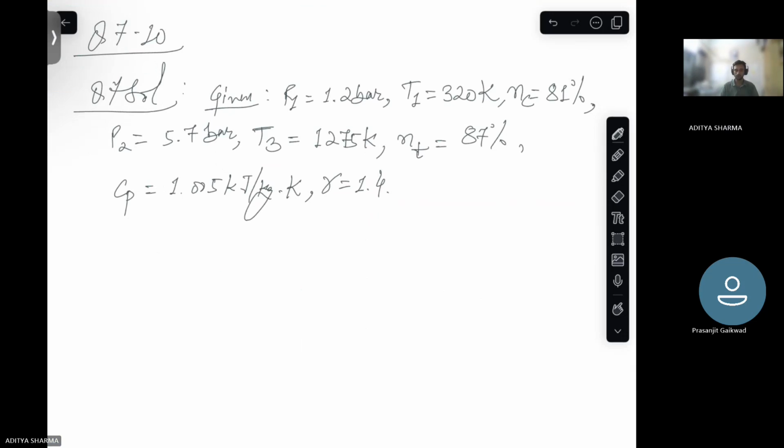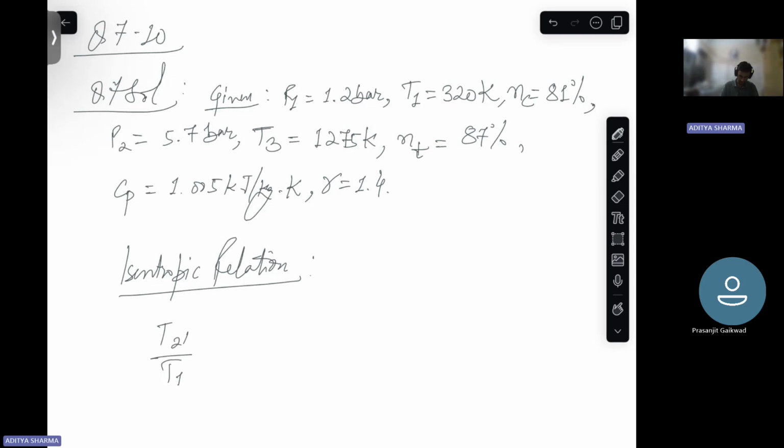Now, the isentropic relation we will use for the compressor, which is T2 dash by T1, to the power gamma by gamma minus 1, is equal to P2 by P1.